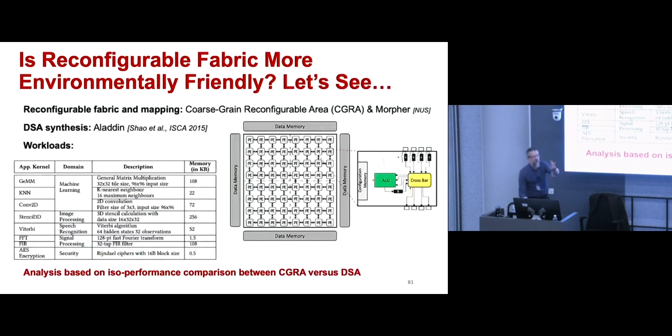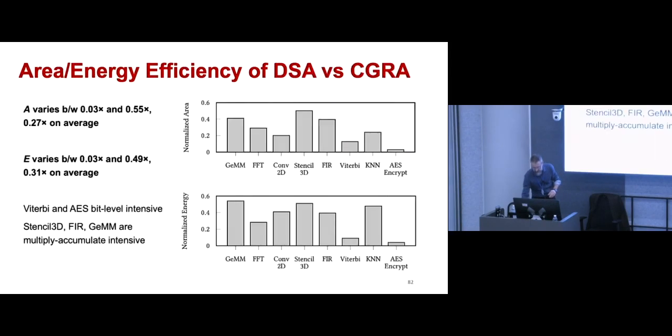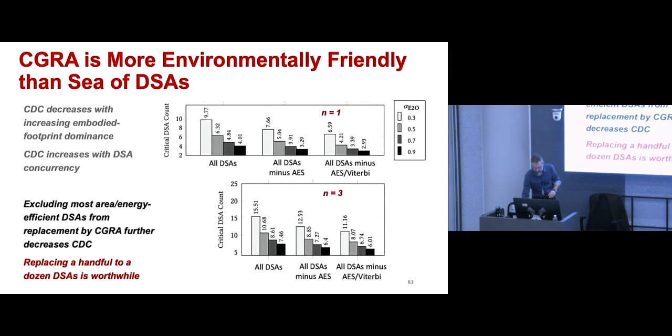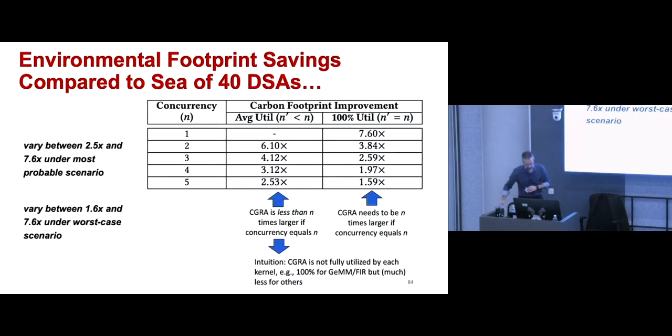Okay, so then Pranav did an excellent exercise to actually figure out what the actual numbers for A and E are that I used in the models. I'm skipping the results here.